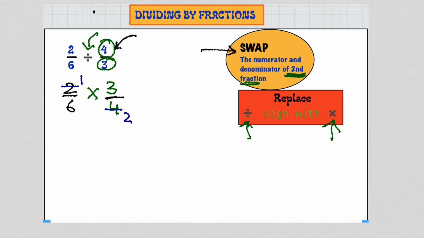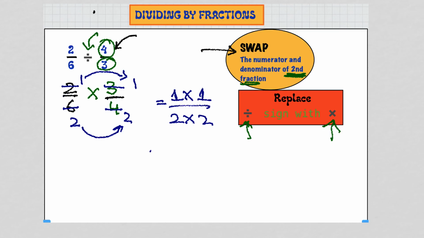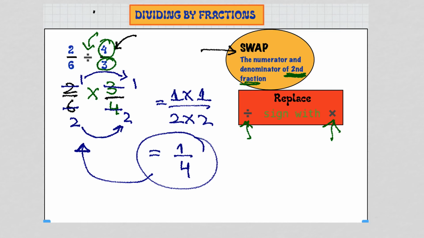And then after that, with the 3 and 6 as well, 3 and 6 both go into the same timetable. The next step is we times numerator with the numerator and denominator with the denominator. So 1 times 1 over 2 times 2 equal to 1 over 4. So that would be our answer of 2 over 6 divided by 4 over 3.